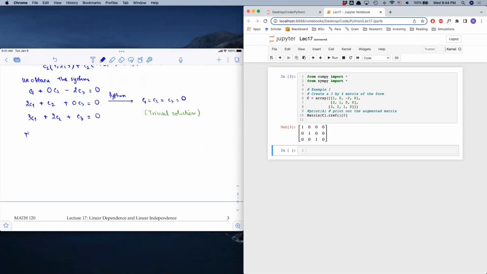Right, so this implies that the set S is linearly independent. All right. So hopefully you got some idea of how to determine the set to be linearly dependent or linearly independent.